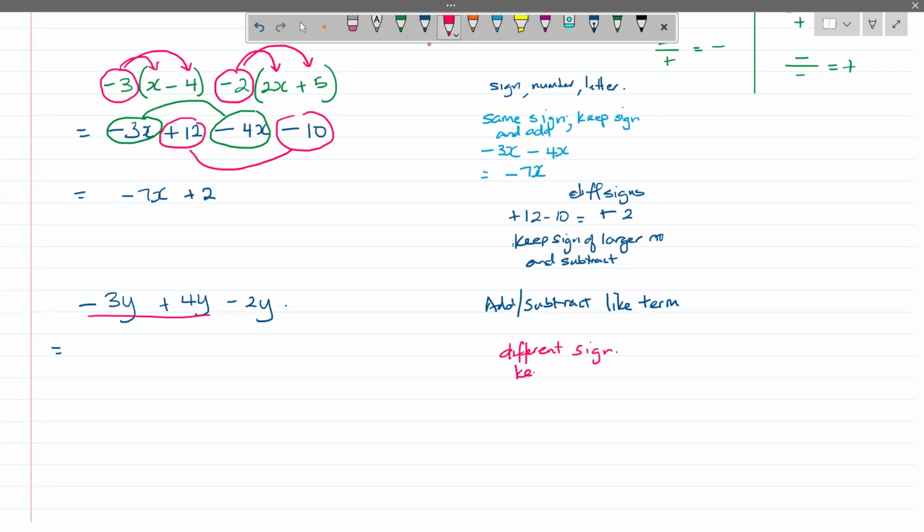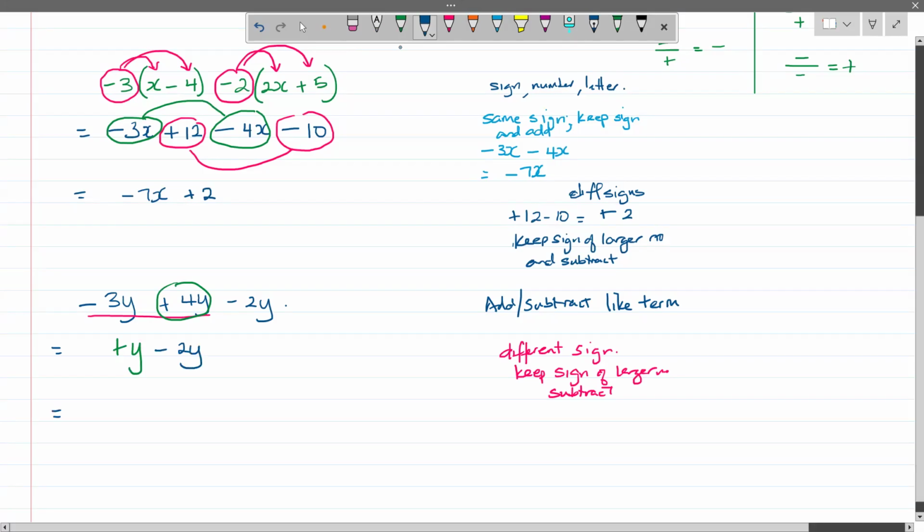So we keep the sign of the larger number and subtract. Cool? So if I keep the positive sign from this 4 and subtract 3 from 4, that will give me 1. We could just write y. And then I will bring down the negative 2y now because we didn't use it. We were just doing them in pairs.